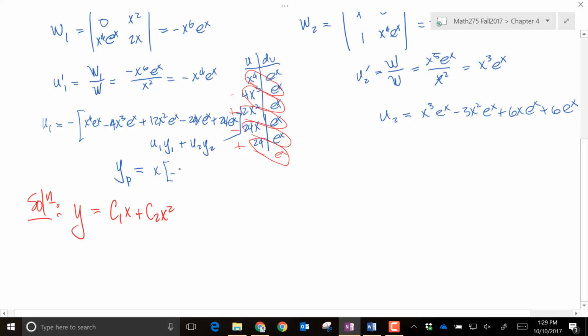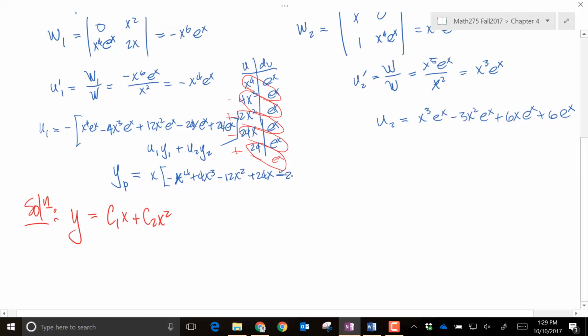So I'm going to multiply everything times x, and I'm going to distribute the negative sign. And you know what? I'm going to factor out an e to the x as well. So minus x to the fourth plus 4x cubed minus 12x squared plus 24x minus 24.